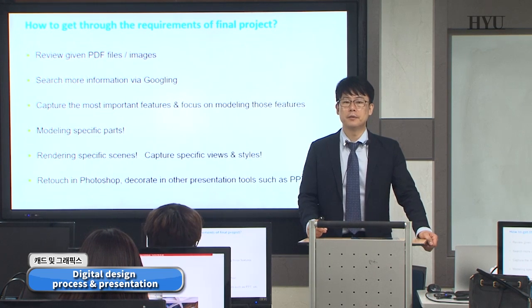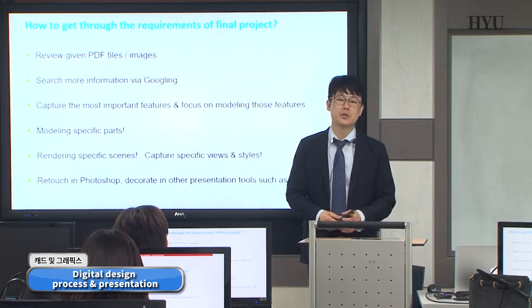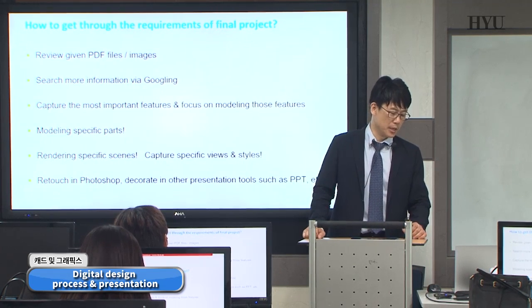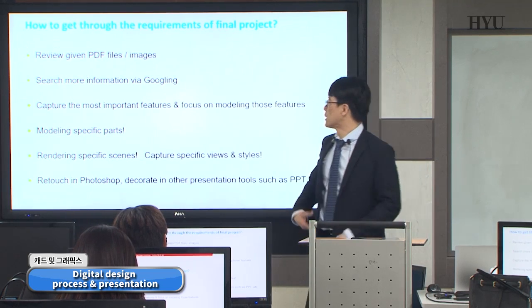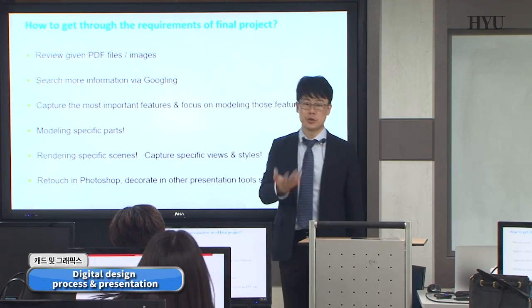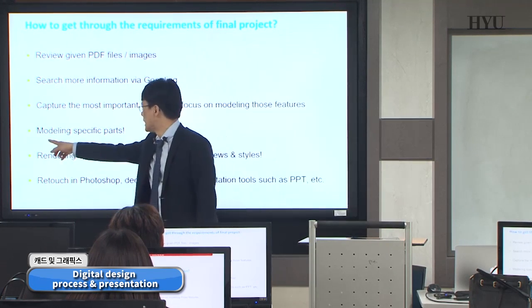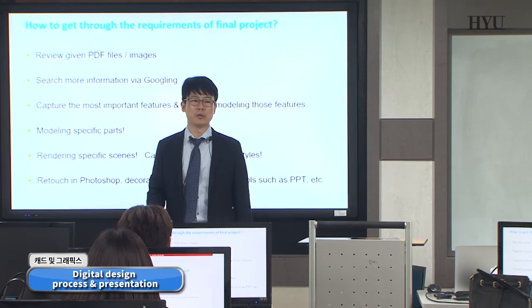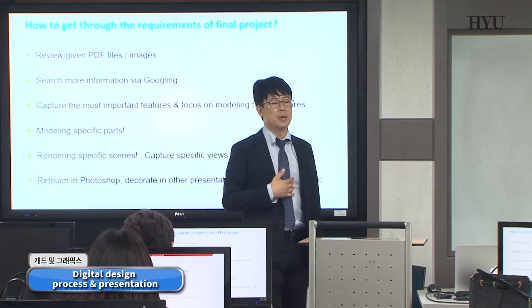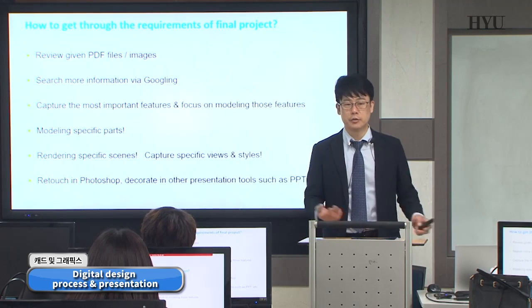Something different from conventional, something different from general issues of design. And keep focusing on the features you captured, okay? And then model specific parts. I'm not saying you have to 100% reproduce your structure, your design using 3D tools.